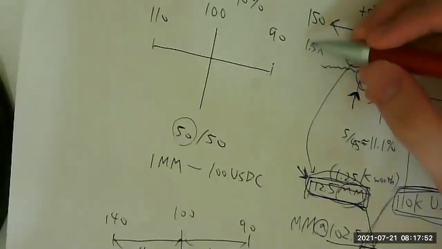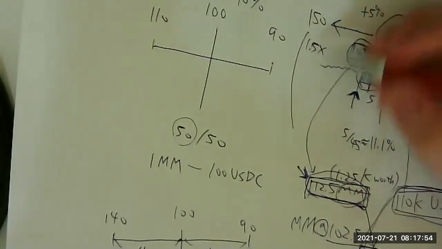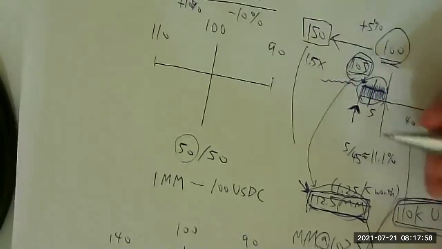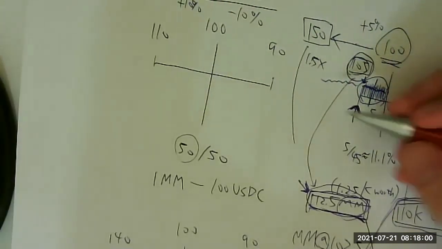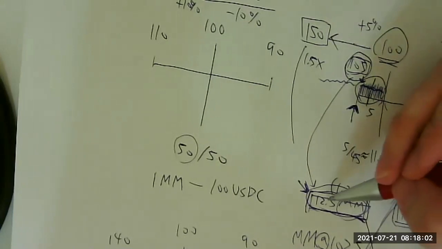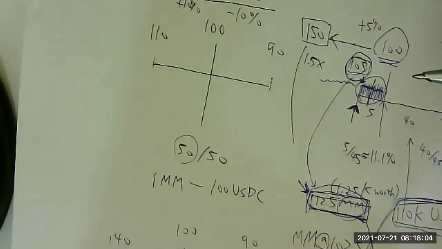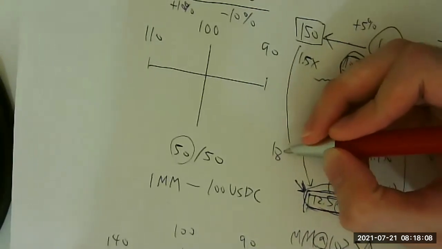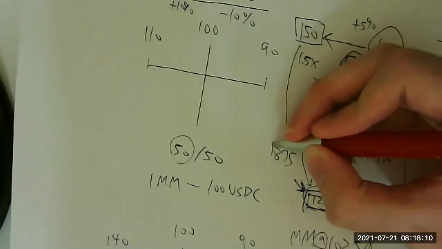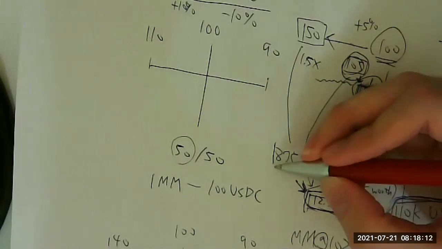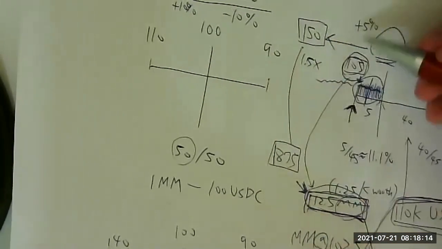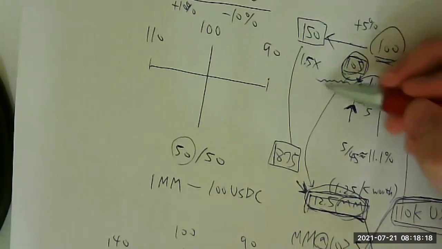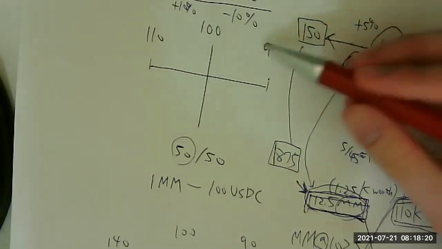So just to give you some numbers, if you instead keep the MM and sell at 150, you would have obtained 150 times 12.5, which is 1875, and this number will grow larger and larger if you didn't buy back when it goes outside of your range and you just keep watching it grow.